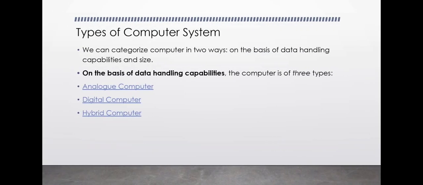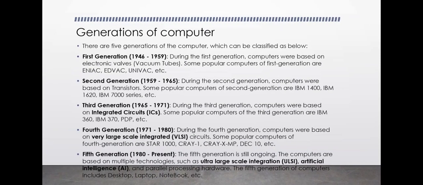Types of computer system. We can categorize computers in two ways: on the basis of data handling capabilities and size. On the basis of data handling capabilities, the computer is of three types: analog computer, digital computer, hybrid computer.